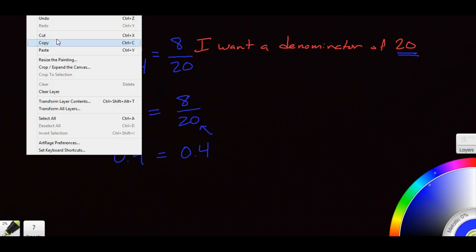So let's look at another example of finding a denominator. So 2/3. Suppose I want a denominator of 21. So in other words, instead of a 3 in the denominator, I want 21.